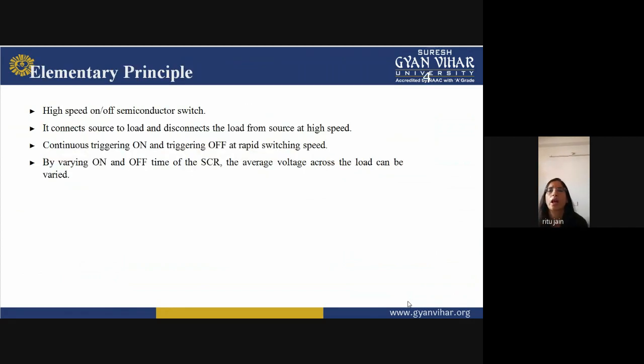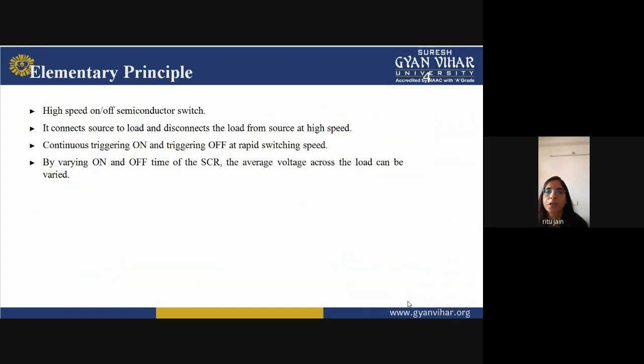So what is the elementary principle of a chopper? You can compare it to a switch, when you turn on and turn off this switch, and this switch is a semiconductor switch.